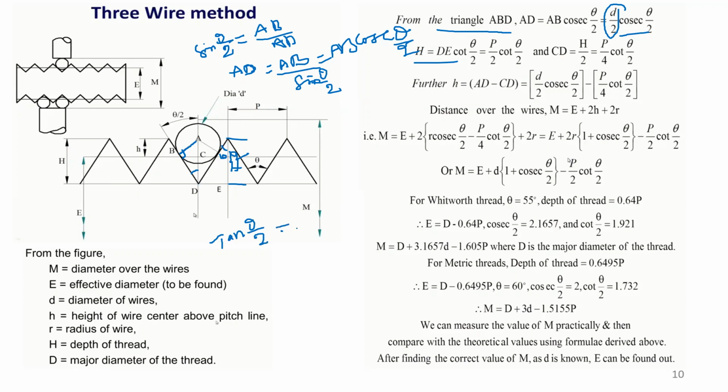Tan theta by 2 is equal to DE, the opposite side, and AC. This height is H. So DE by H. Therefore, H is equal to DE by tan theta by 2.